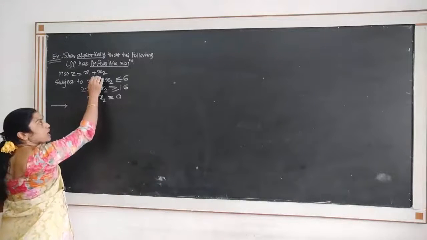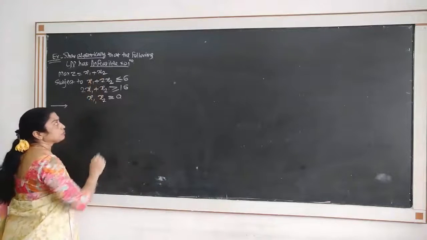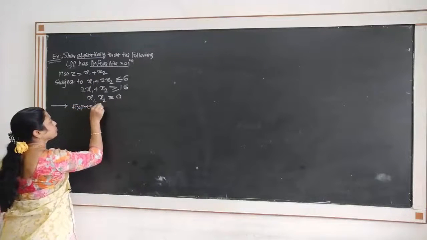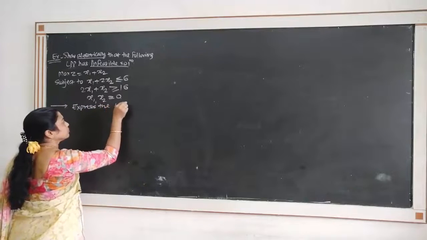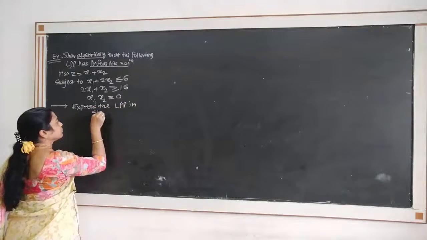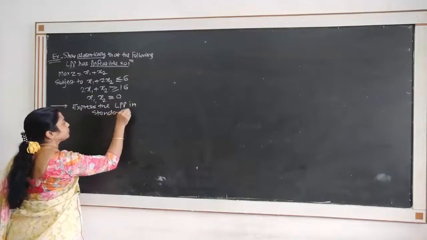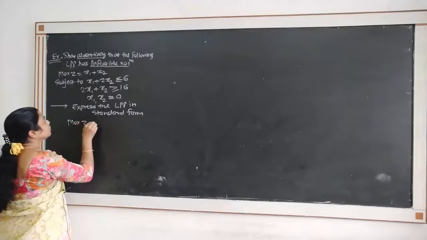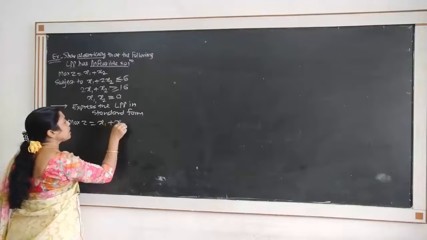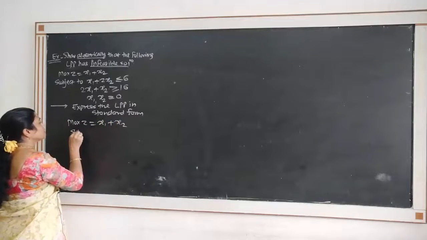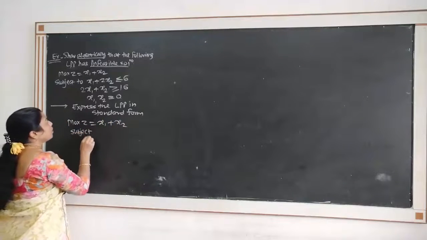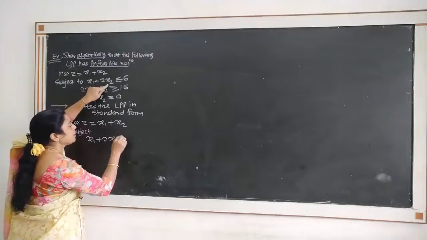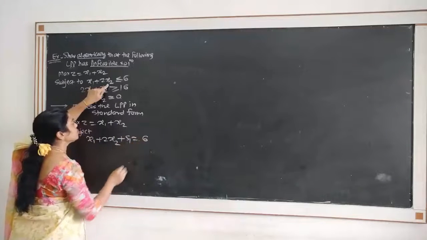So we first express this LPP in standard form. Maximize Z is equal to x1 plus x2 subject to the constraints. x1 plus 2x2, because it is less than, add slack, plus s1 equal to 6.